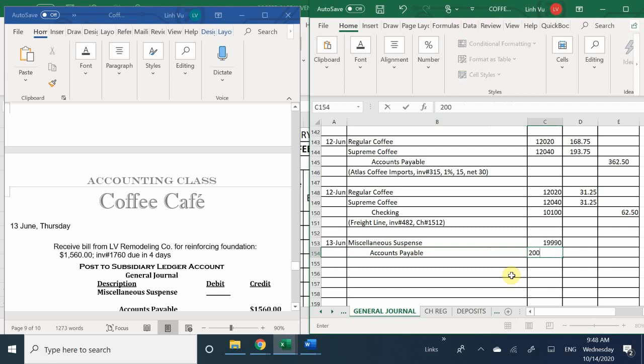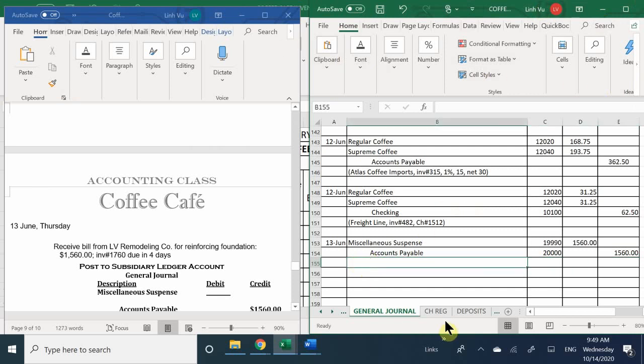So what is my total bill going to be? 1560. 1560 on both sides. And I'm going to go ahead and complete my journal here since I'm not going to pay yet.